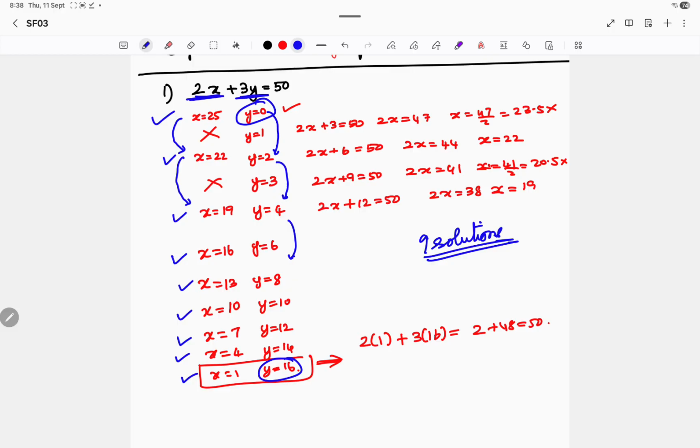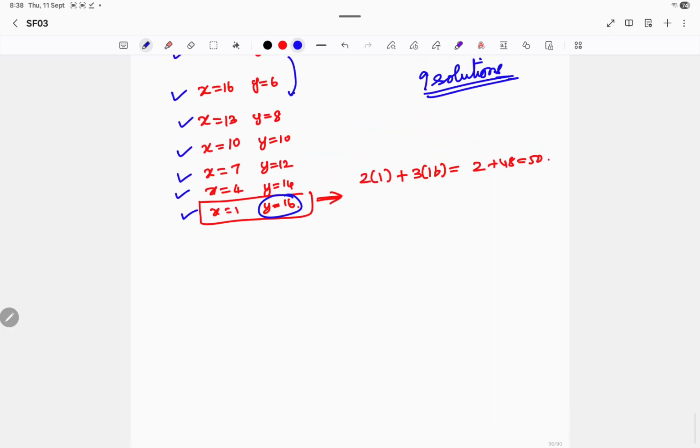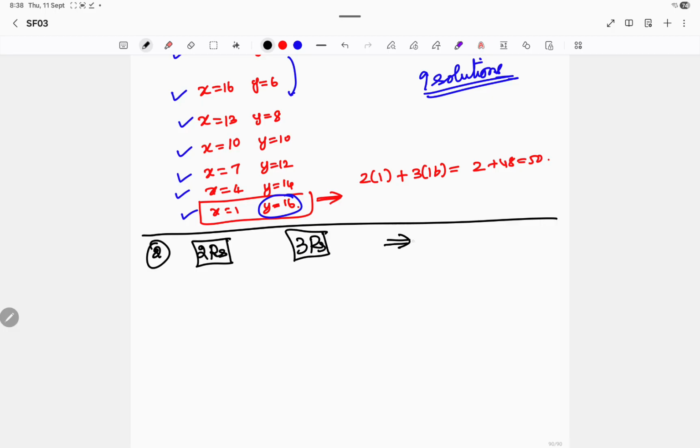Instead of 2x plus 3y equals 50, this problem can be slightly reworded as, let's say, question number 2. We have 2 rupees coins and we have 3 rupees coins, and we need to form 50 rupees value. You have enough 2 rupees coins and enough 3 rupees coins, and using these can you form 50 rupees?